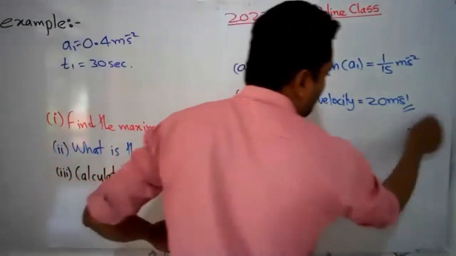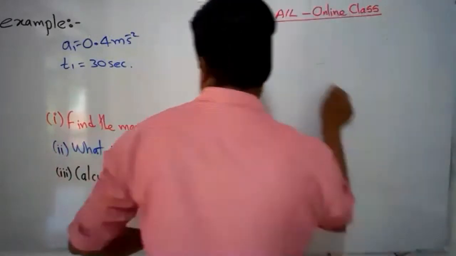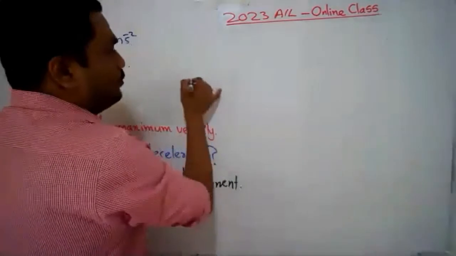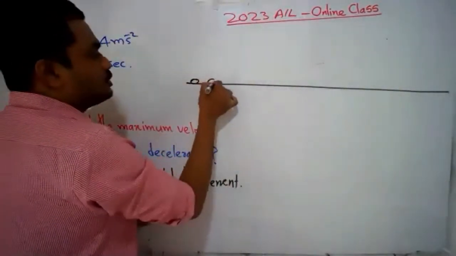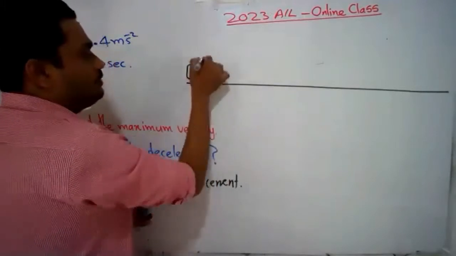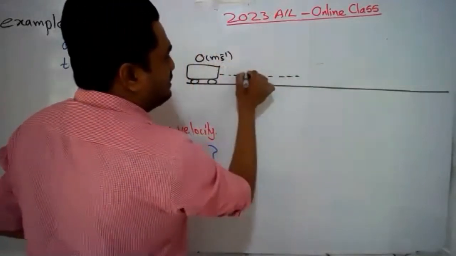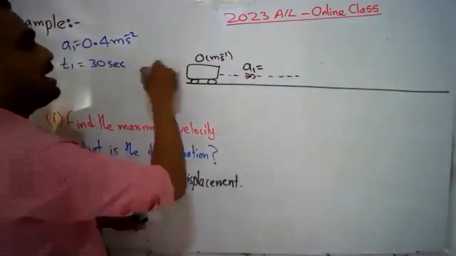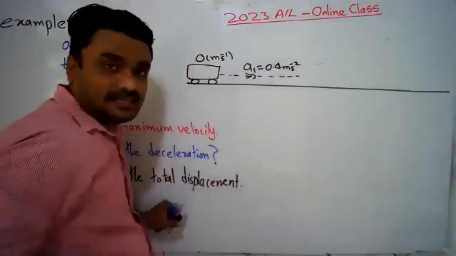I'm going to draw a figure to illustrate the question. Look at the board. It says that there is a vehicle. It starts to move at rest, so the initial velocity is 0. It accelerates. The acceleration A1 is given as 0.4 meter per square seconds.